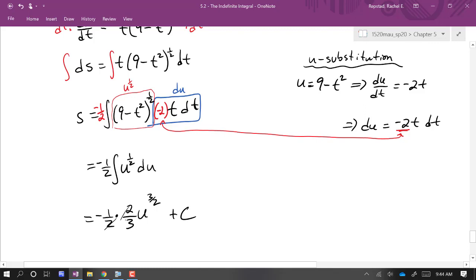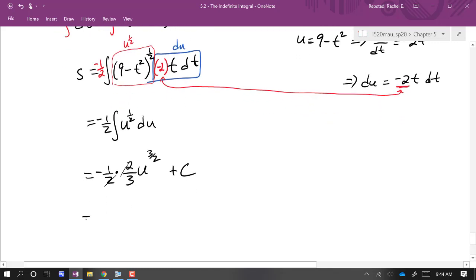Could cancel those 2's, and I'm going to simplify a bit and put the expression for u back in. So we have negative 1/3. U was equal to 9 minus t squared, so 9 minus t squared to the 3/2 plus c. So here is the general solution for the displacement.